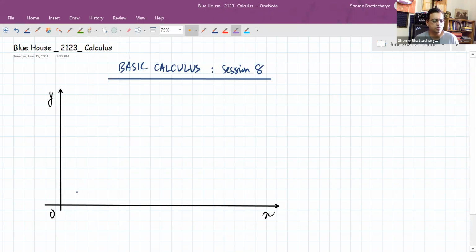So if a function alternately rises, then decreases, then again rises, and this process might repeat more number of times also.